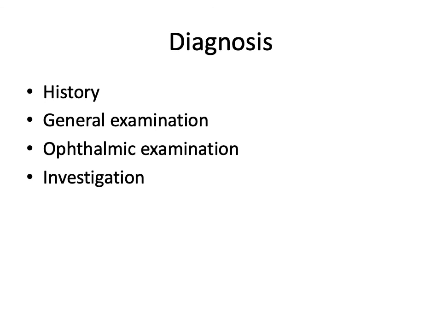What are the investigations we can do for a uveitis case? All the investigations of the body, because it is a systemic disease. So you should investigate all the body, starting from the CBC, complete blood picture.